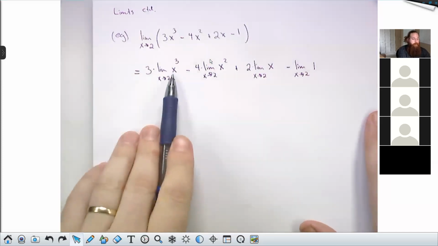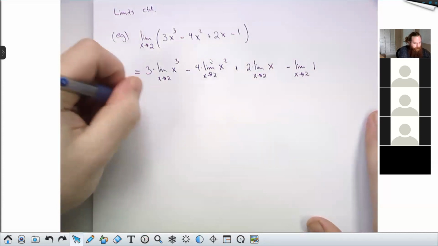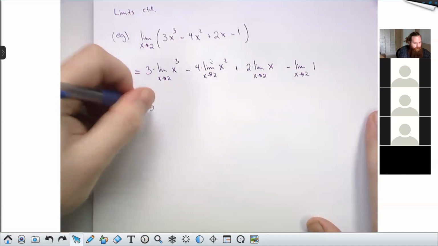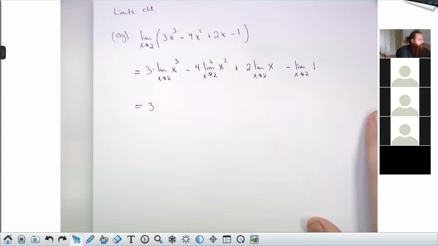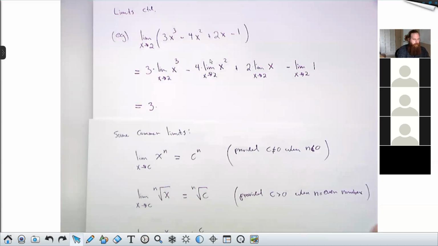And now each of these guys' graphs, I do know. What's more, even if you didn't have the graph, you have the rule, those common limits, particularly this top one here. This guy, together with the rule that constants pop out, and you can split up over addition and subtraction, is enough to give you the limit of any polynomial.